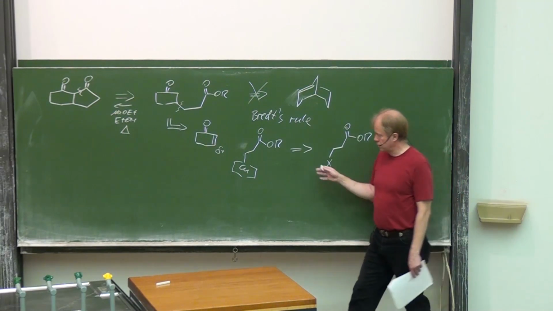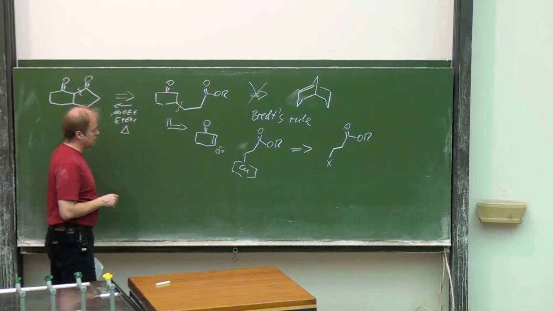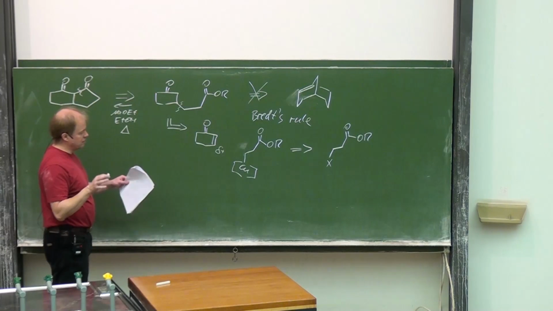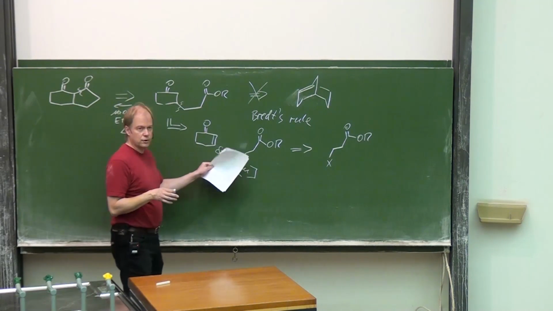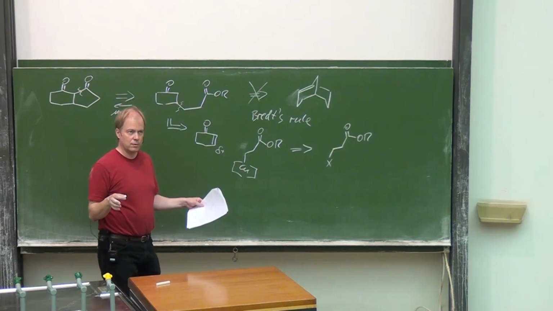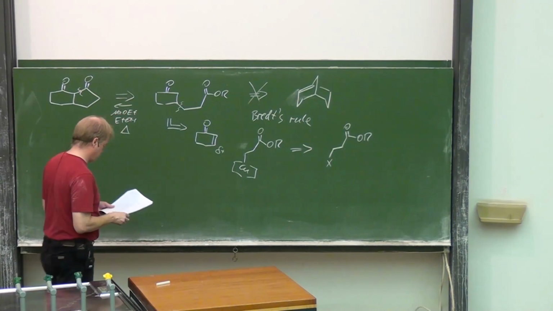It's difficult to set up something like that. There are some synthetic equivalents known, because this is a known problem and chemists have tried to solve it, but there are no easy answers to this question.